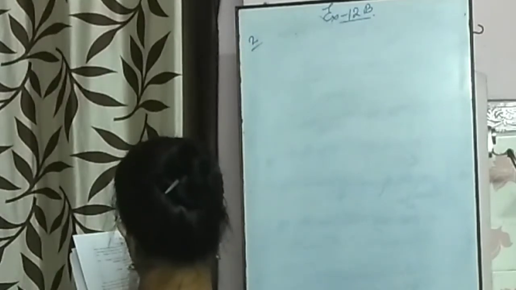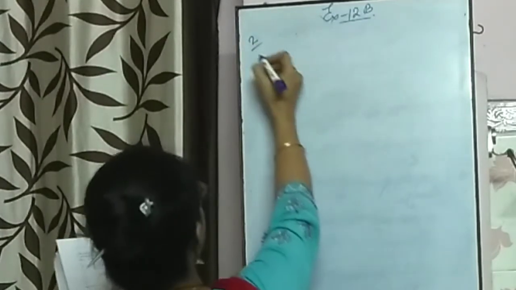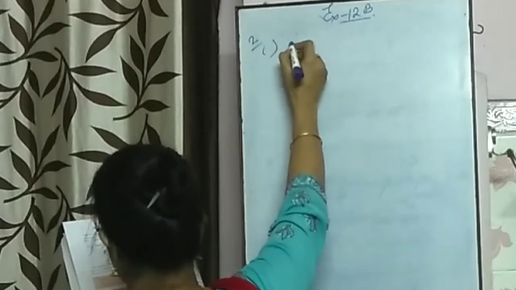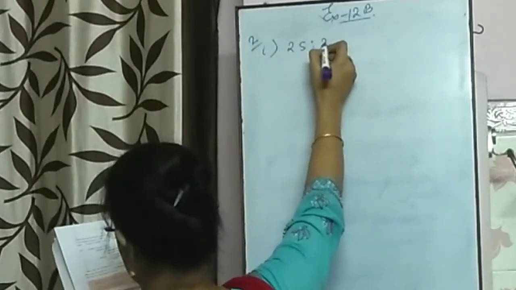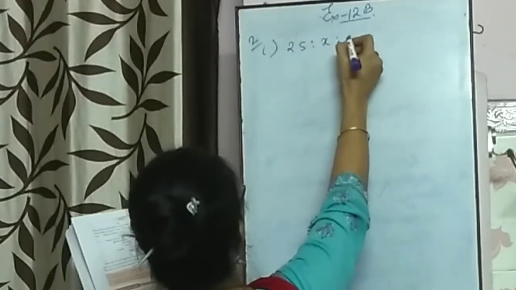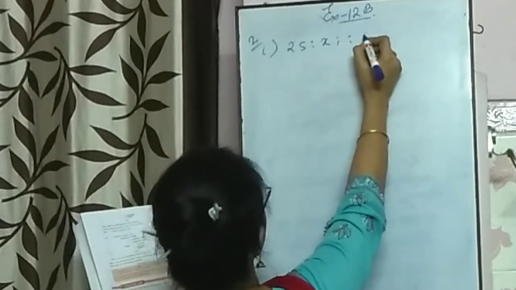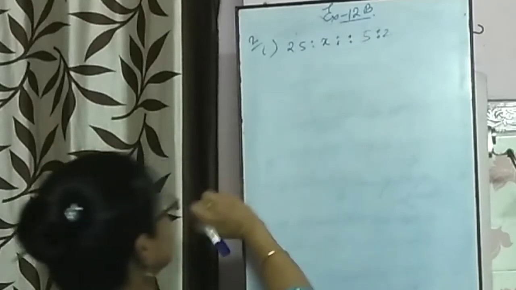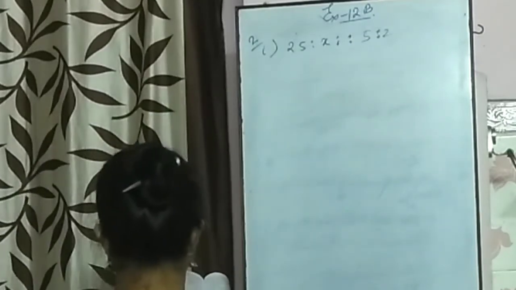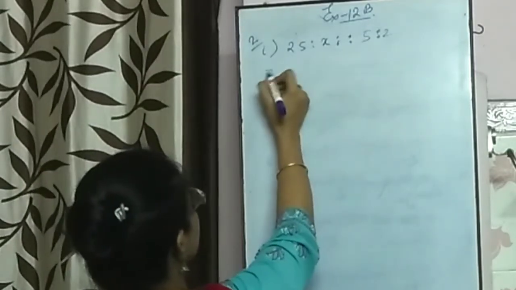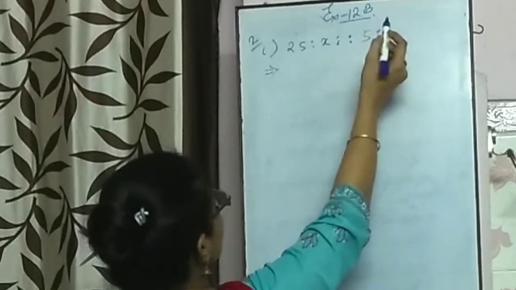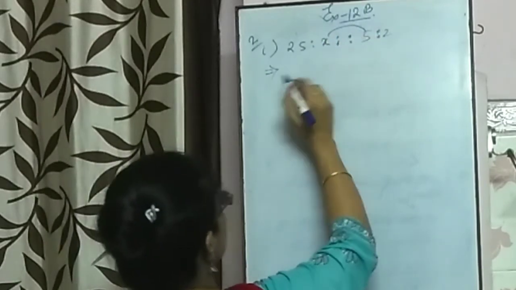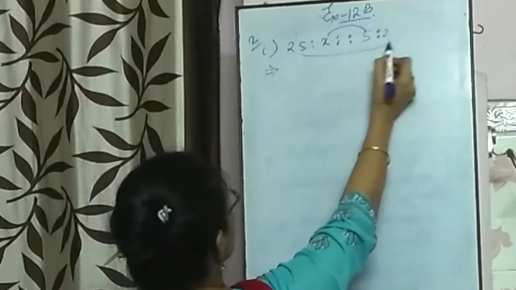Find the value of x in the proportion. 25, you can make it as equal also. It is the proportionality sign and you can use equal. So for getting this answer, we will do product of these 2 is equal to product of these 2.